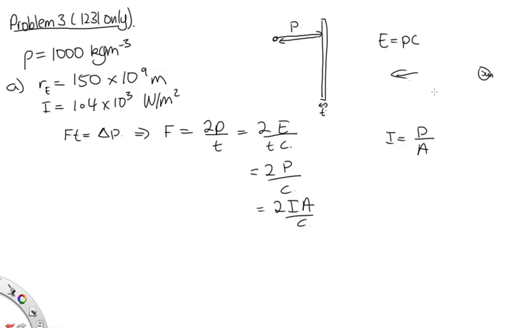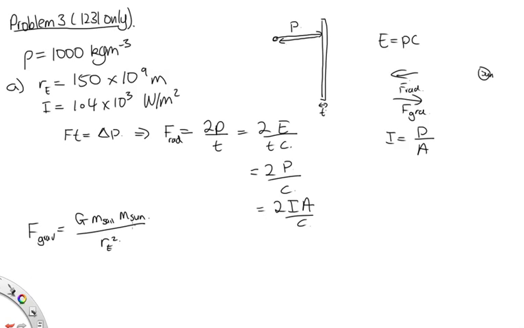This is the force pushing it away. Let's call this the radiation force, so F rad. So F rad's going that way, and we're told that this is balanced by the gravitational force pulling it back towards the sun. So the gravitational force is given by G times the mass of the sail times the mass of the sun over the distance squared.